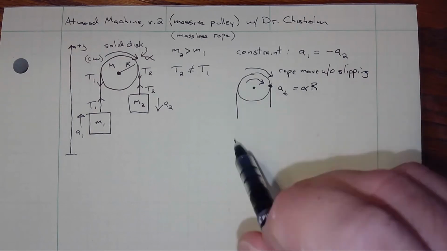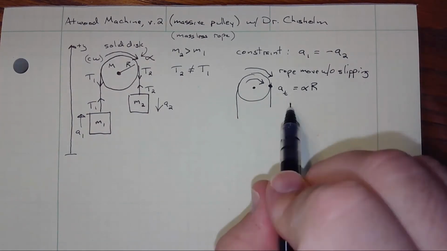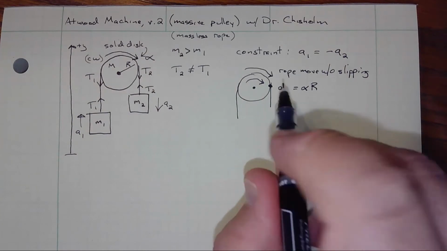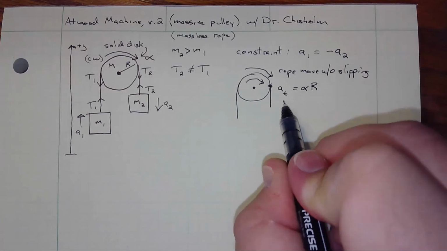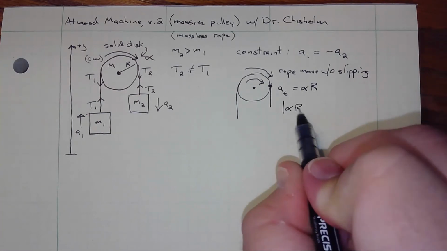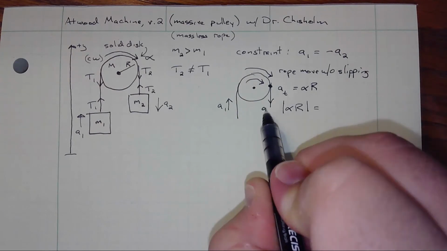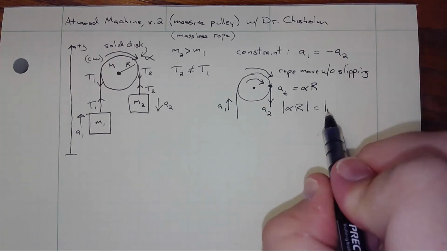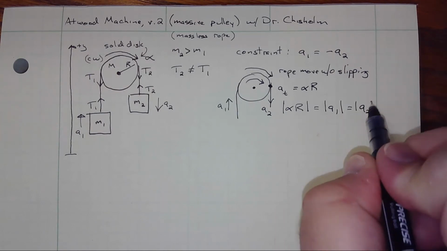This is similar to the rolling constraint we had when we looked at wheels moving on the ground, and that is just the fact that my angular acceleration, alpha times R, its magnitude has to be the same as both our A1 up here and our A2 down here. So the magnitude of alpha R equals the magnitude of A1, which is equal to the magnitude of A2.